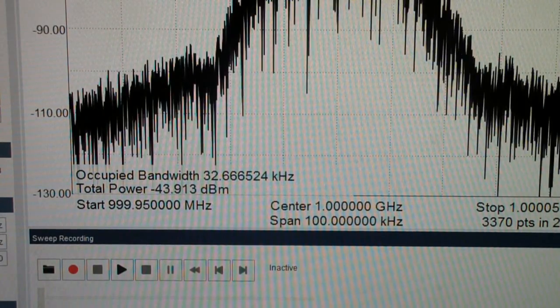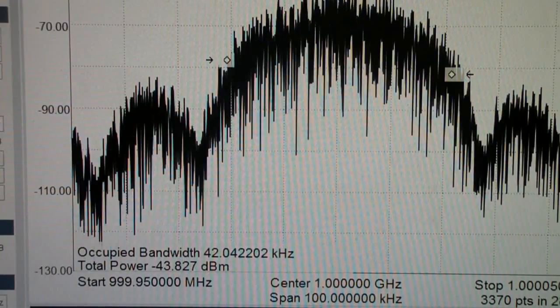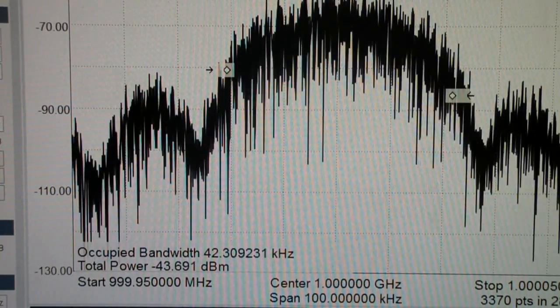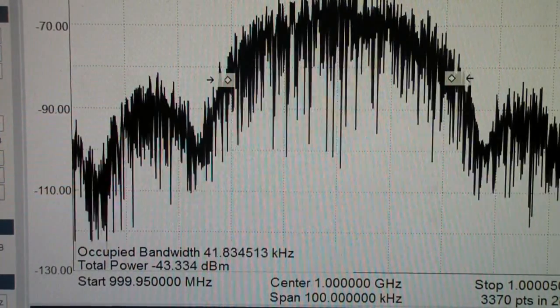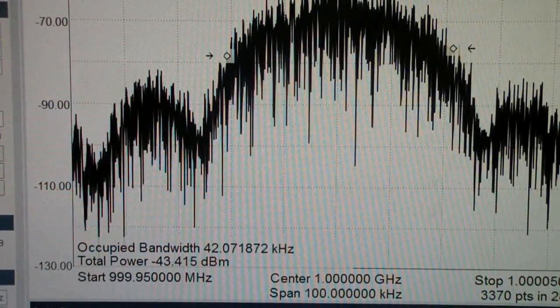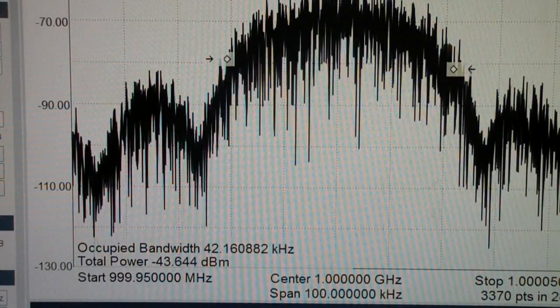Now let's look at the MSK signal and see what it reads. Here is the MSK occupied bandwidth. Now remember, this is without Gaussian filtering. And you notice that it's occupying 42 kilohertz at the 99% points.